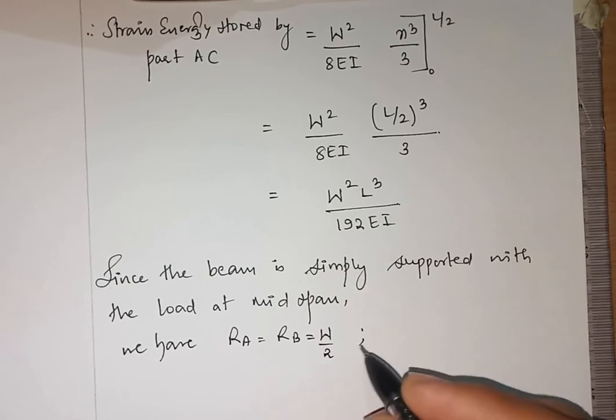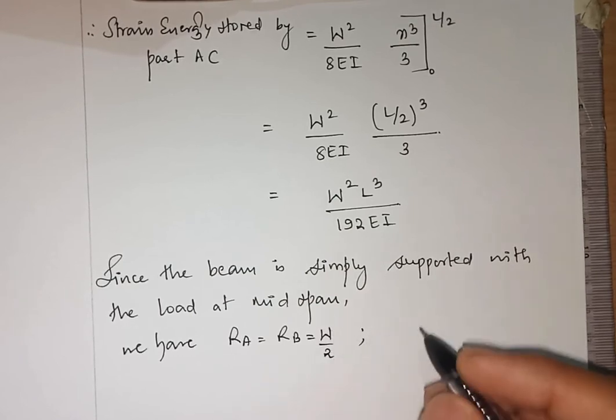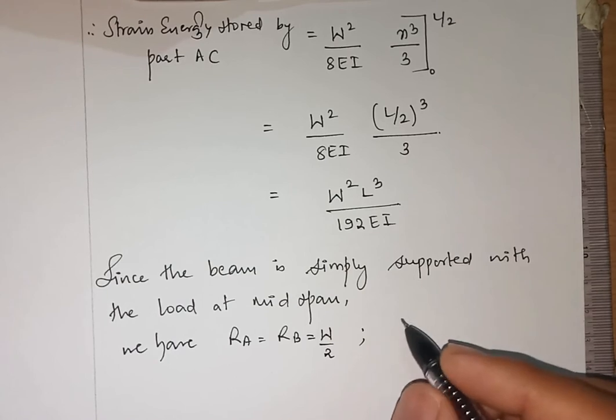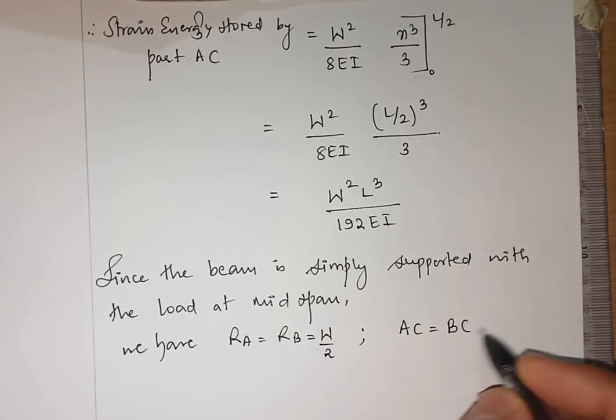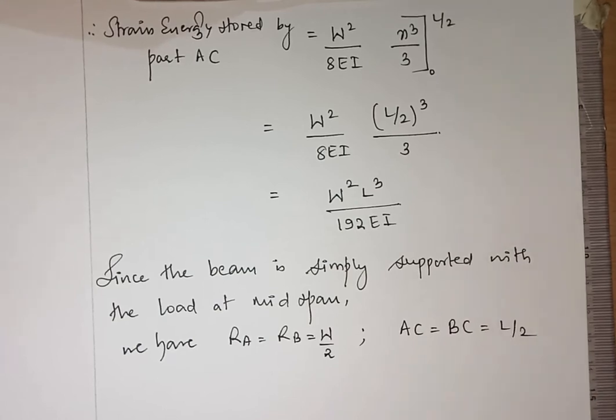So this is the first similarity, and also the lengths are equal, that is AC is equal to BC, equal to L by 2.